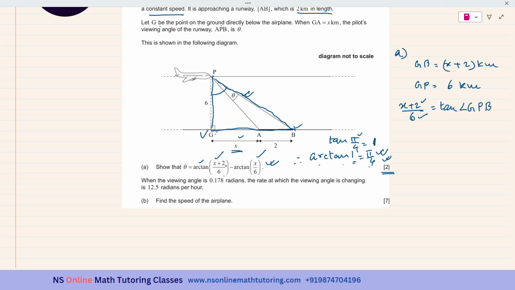Similarly, now it is x over 6. This time I'll be taking the smaller right triangle, that is GPA. So similarly, x over 6 is equal to tan of which angle? It is tan of angle GPA.